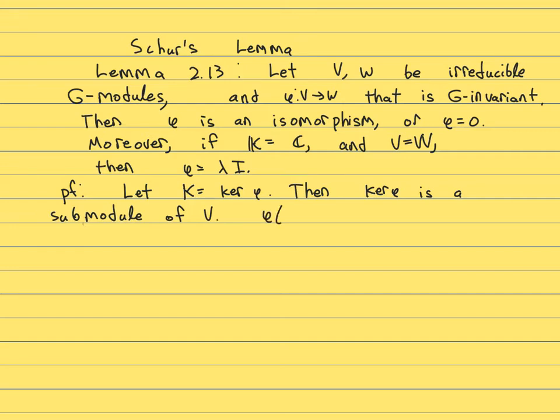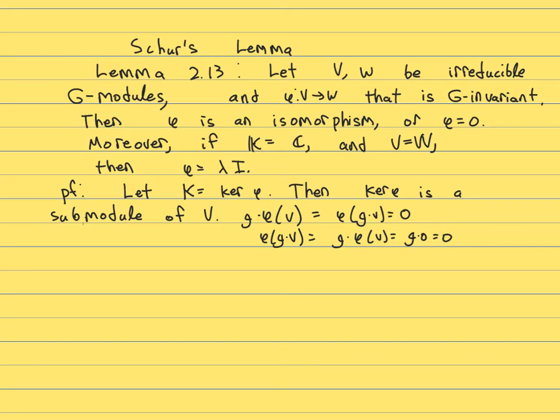Because clearly if you act on anything in the kernel, G dot phi of V is phi of G dot V, which is G dot 0, which is 0. So for V in the kernel, kernels are G invariant subspaces.